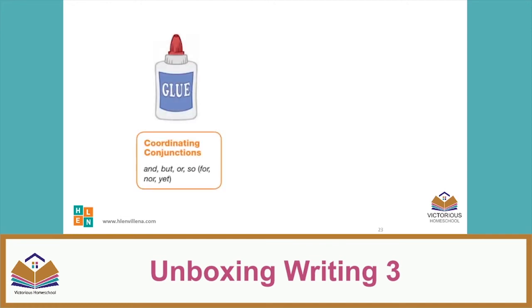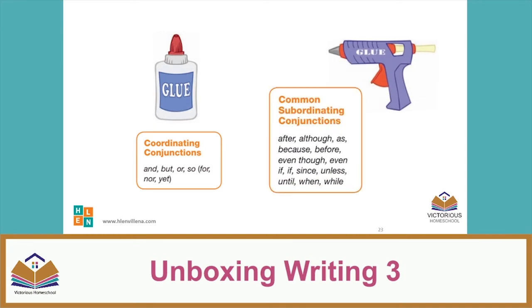So therefore, we consider coordinating conjunctions as glue, strong enough to join together two independent clauses. Today we're going to learn about subordinating conjunctions. And the word although is an example of a subordinating conjunction, which we use when we write complex sentences.